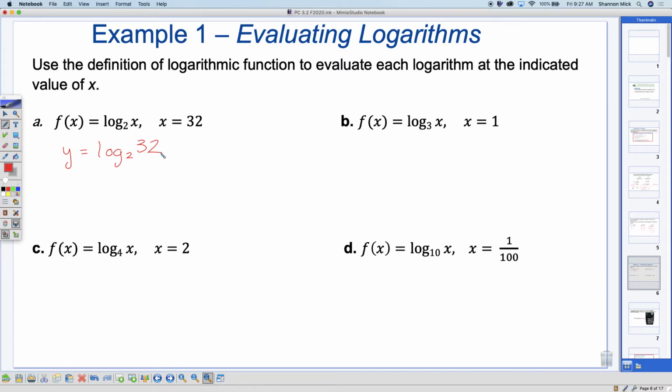So I don't know how to calculate logs yet, right? So I need to go from logarithmic to what? Exponential. So try that. Remember, the base is the base, always. Base is the base.